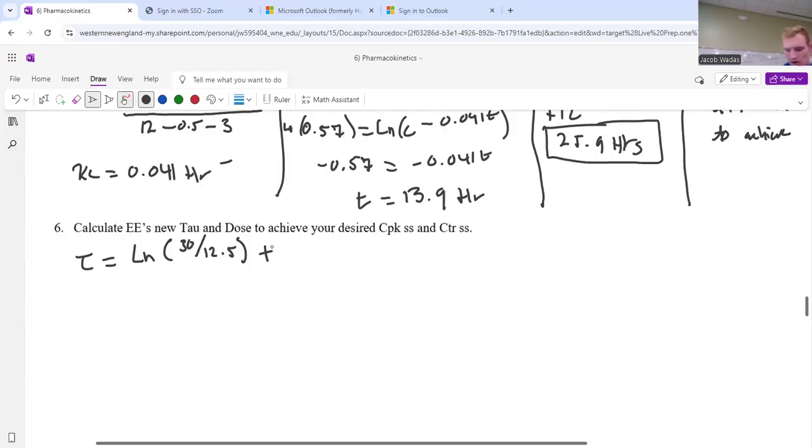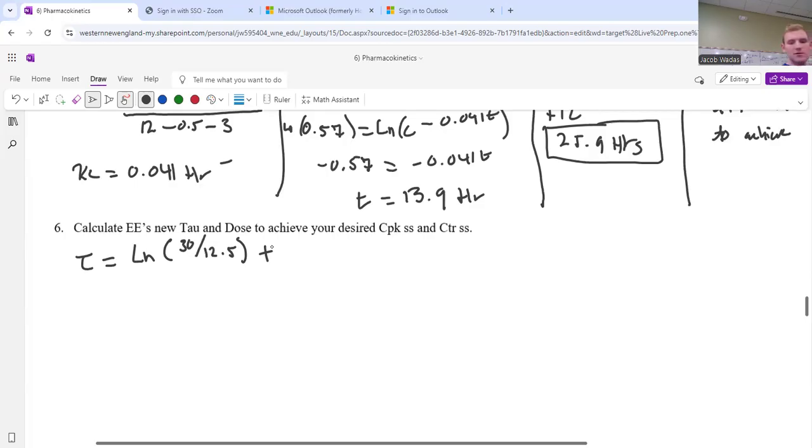All right, time of infusion. What would we do, 2, right? Because it was 1250 per 6. Maybe it's the same.